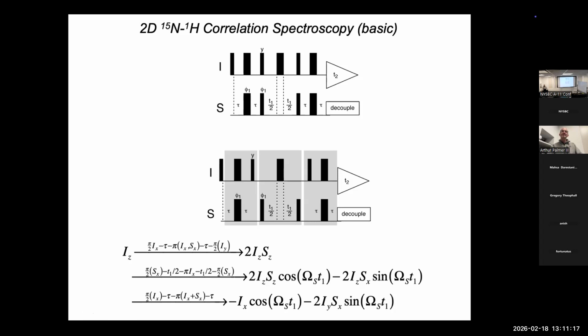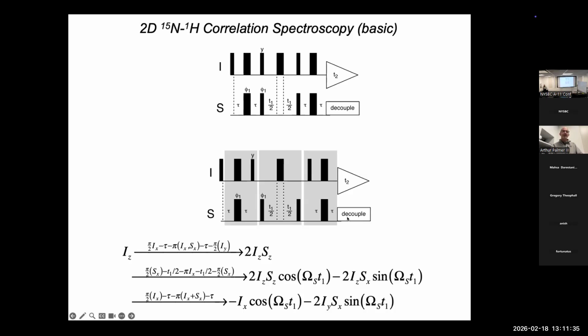Is it going to cancel out? It'll refocus because if we think about what happens to the Hamiltonian, the 180 on the I spin will turn IZ to minus IZ, so the Hamiltonian inverts, and we'll get refocusing.